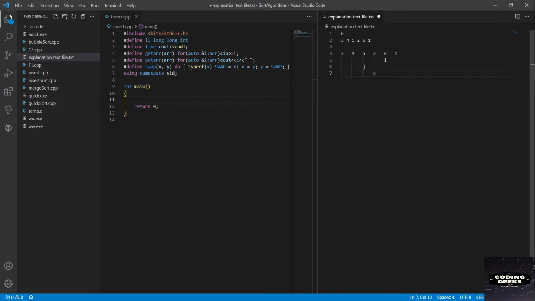So you are going to decrement J and C in parallel, and keep checking if they are meeting the condition, and the condition is that the earlier element should be greater than the current element. The current element I mean is C, the number at C. If the condition is met, then there will be swapping, and this will go on and on.